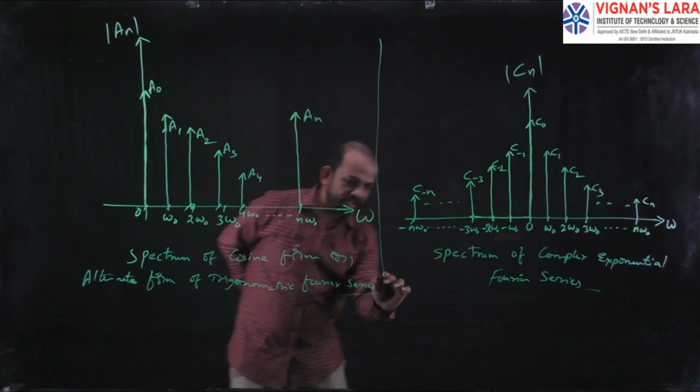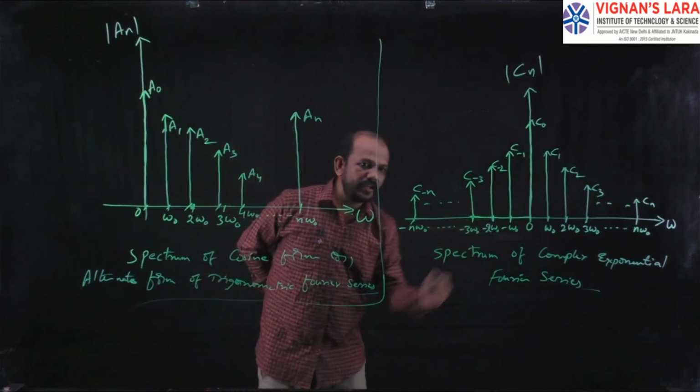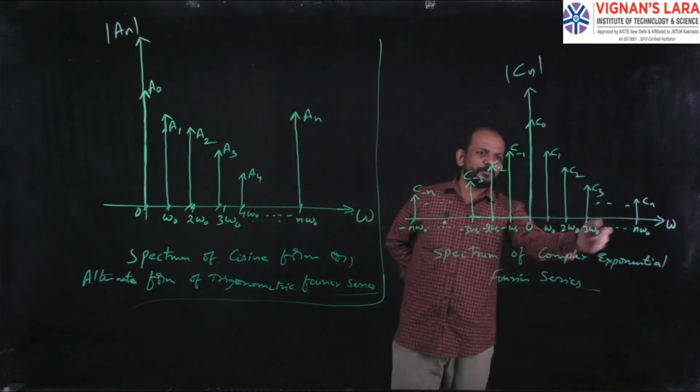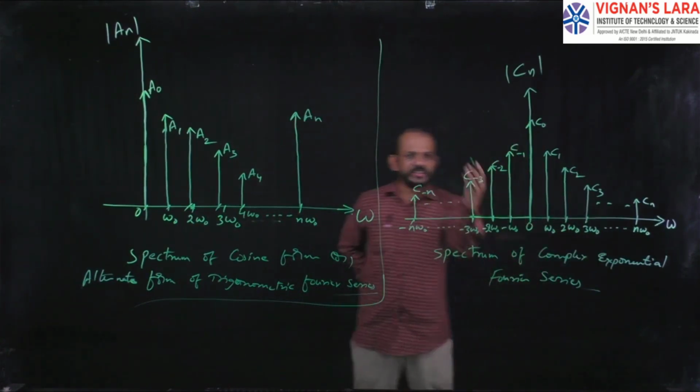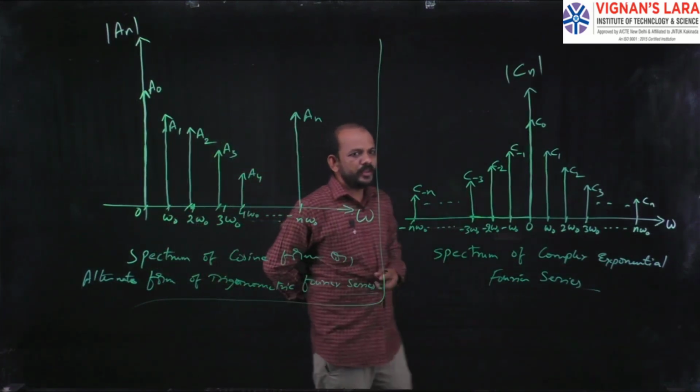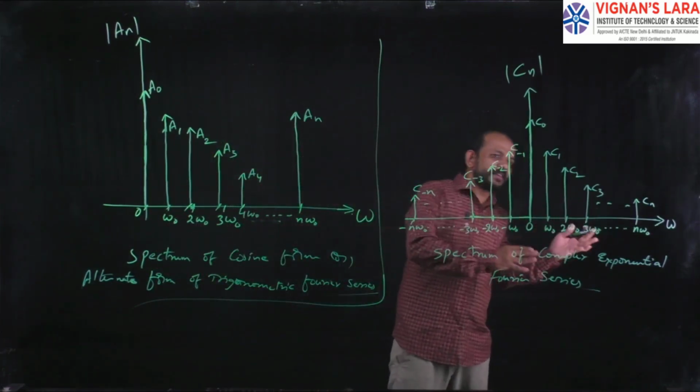Important. Because our topic is the complex Fourier spectrum, I consider the complex exponential Fourier series. In that I get the Fourier spectrum, and that Fourier spectrum is nothing but the complex Fourier spectrum. There we have the magnitude spectrum and phase spectrum.